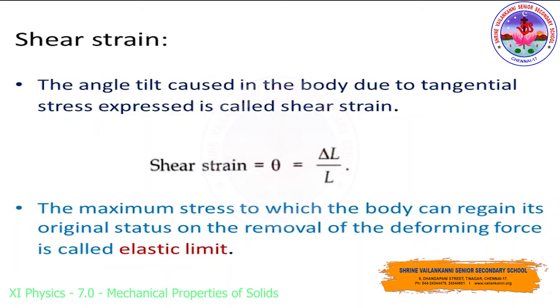The shear strain theta is equal to delta L by L original. That is nothing but the relative displacement between two parallel planes, delta L, divided by the distance between the parallel planes. Because it is a change in the angle.